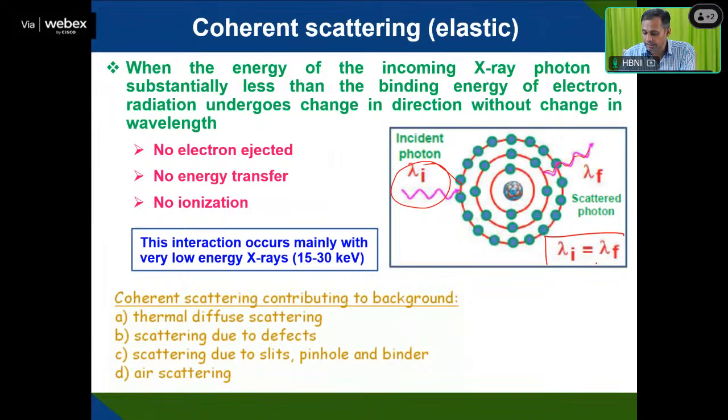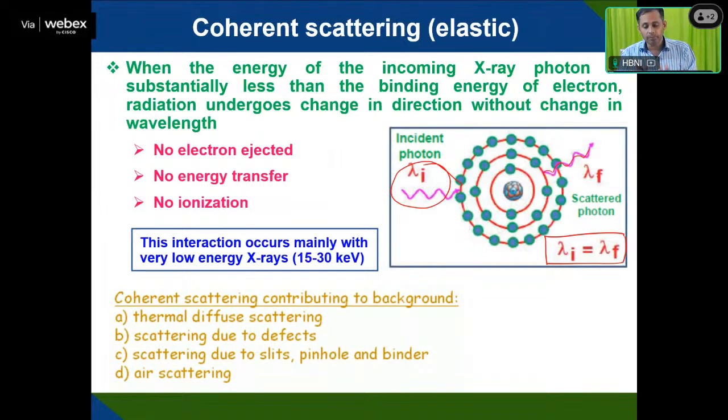So lambda I, incident, and final lambda f will be the same. That means in elastic scattering no electron will be ejected, there will be no production of an additional electron, no energy transfer takes place, and there is no ionization process.